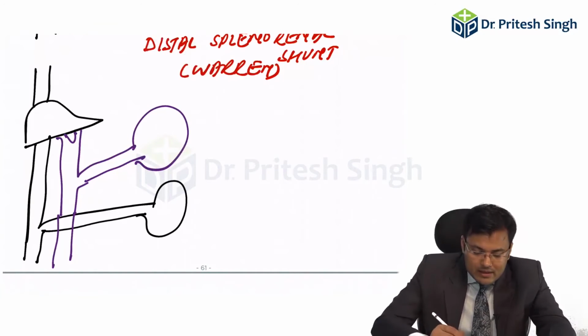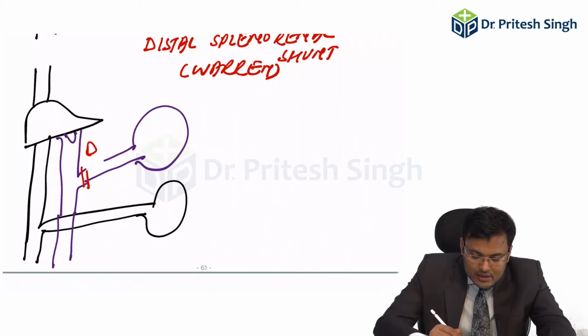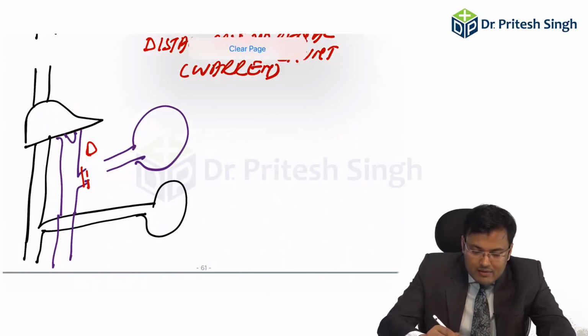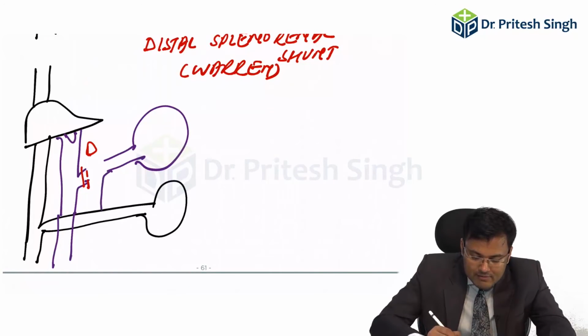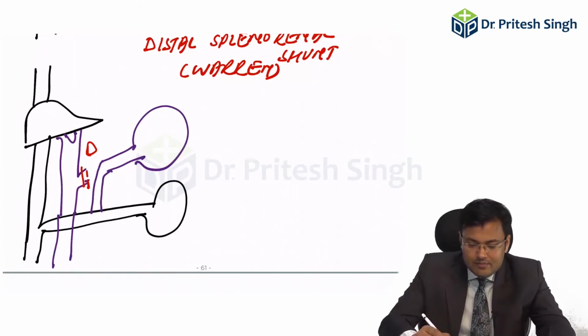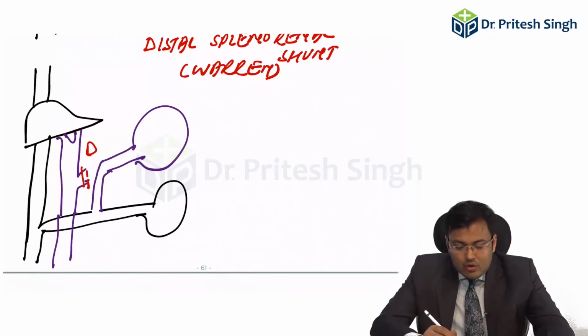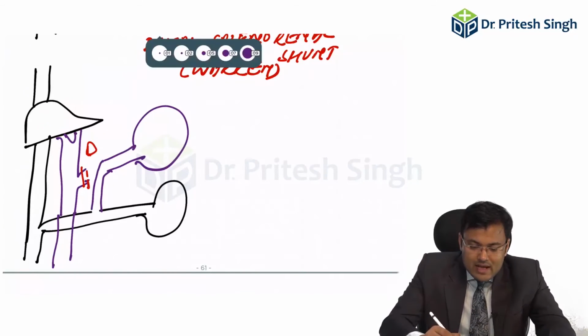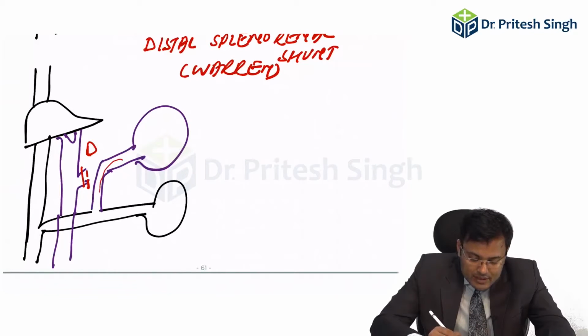I am going to divide the distal part of splenic vein. After dividing this distal part, can you see this part is divided? After dividing this distal part, what I am going to do, can you see? I am going to suture this part of splenic vein to the renal vein. In this case, you can make out that only this splenic blood is going where?